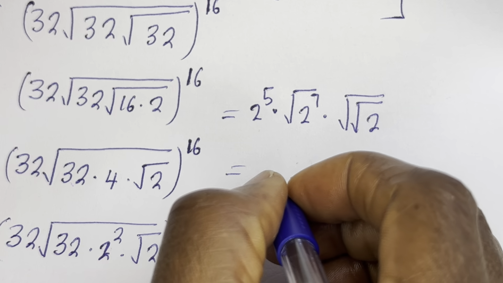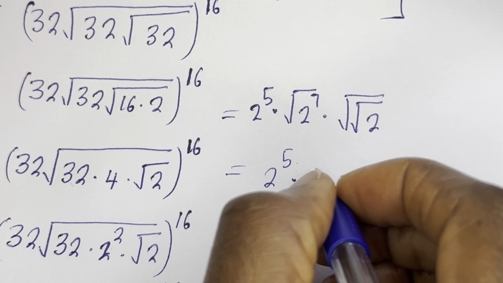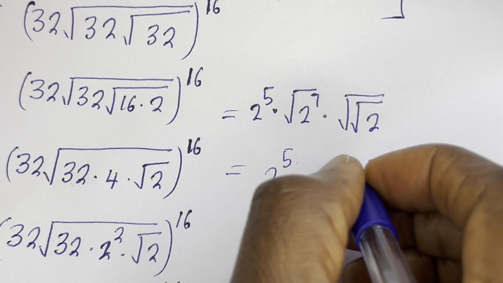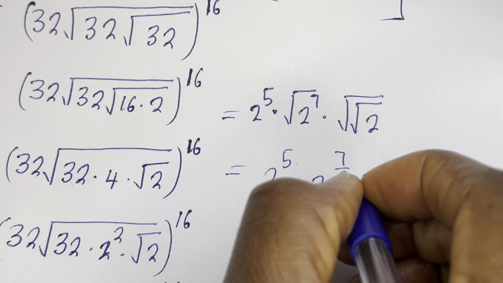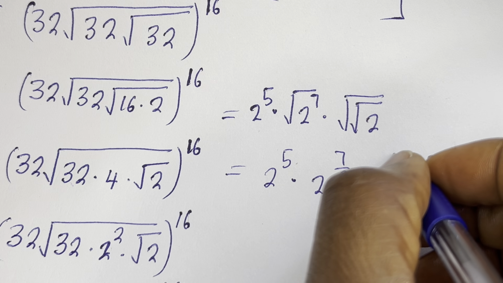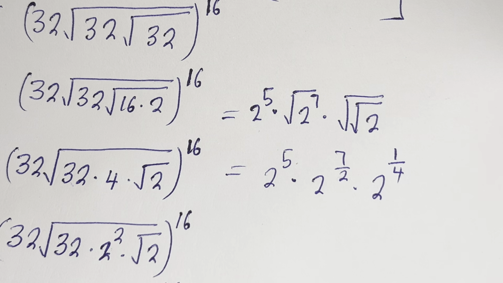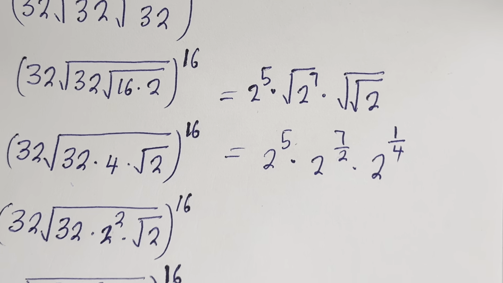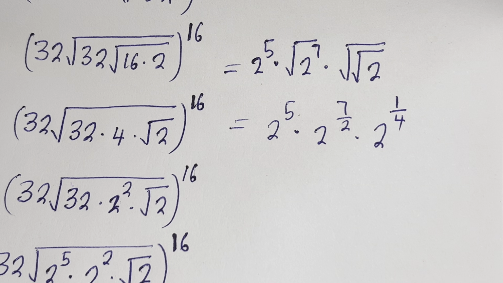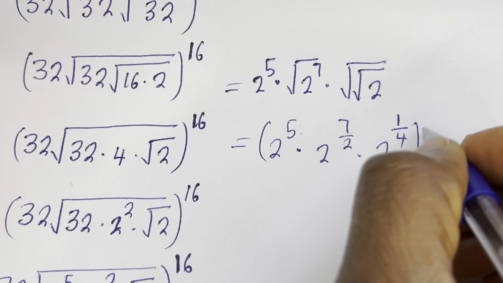And this is equal to 2 to the power of 5 multiplied by 2 to the power of 7 over 2 multiplied by 2 to the power of 1 over 4, then all to the power of 16.